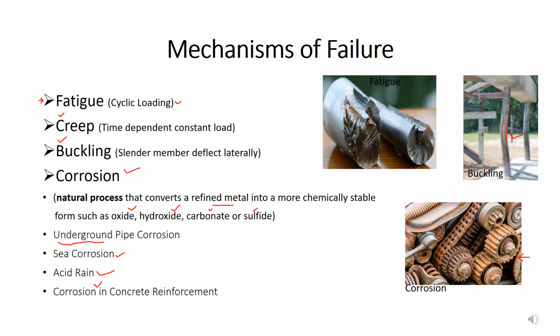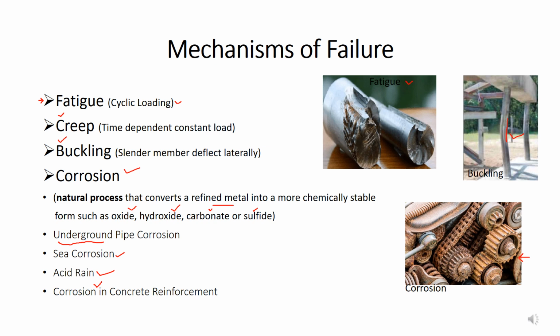So these are the mechanisms which we should take care of while designing a component, and these are the mechanisms which generally lead to failure of any component. We will also see each and every part like fatigue, creep, buckling, and corrosion separately, and what the actual mechanism behind it is.